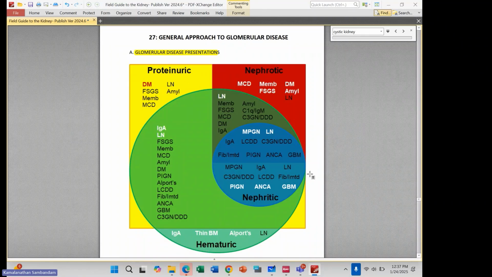So this is the hematuria circle, but it sits outside of the nephrotic or subnephrotic proteinuria. So these are primarily hematuria without much proteinuria. And early IgA nephropathy can do that. Early thin basement membrane and Alports can do that. And we can also have an early, let's say, class 2 lupus nephritis that does that. Okay, those would be examples of conditions that can do that.